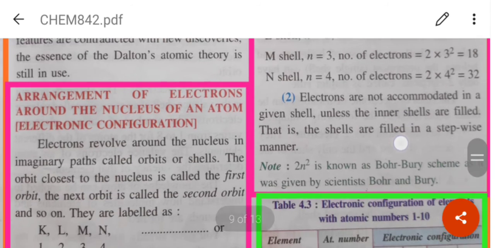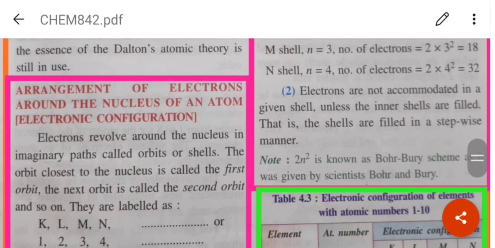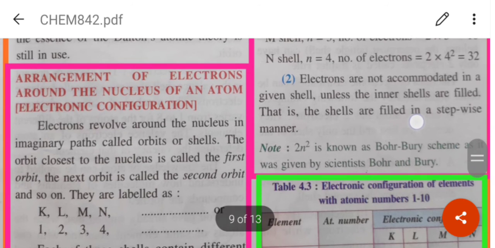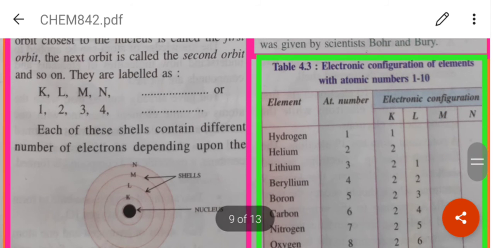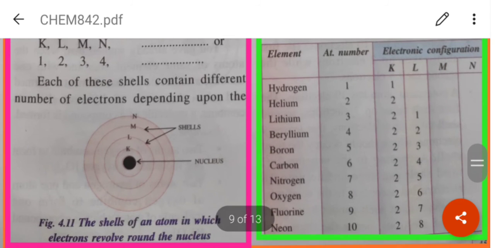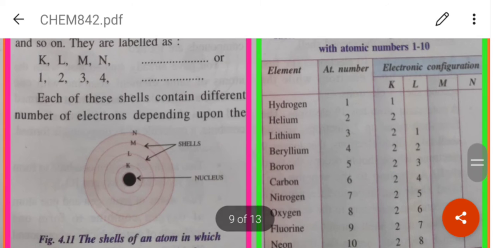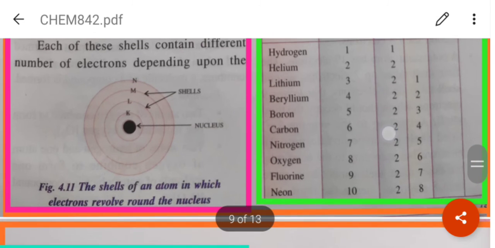And electrons are not accommodated in a given shell unless the inner shells are filled. That is, the shells are filled in a stepwise manner. So 2n square is known as the Bohr-Bury scheme, as it was given by scientists Bohr and Bury. You can see here in this table the electronic configuration. Hydrogen, atomic number 1, has only one electron in the K shell.